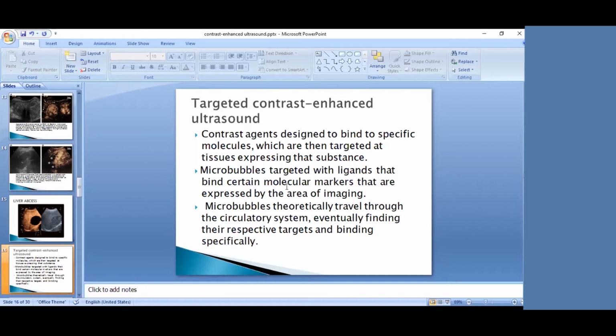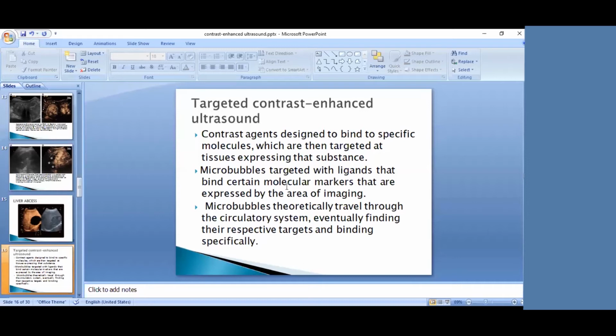We will inject the microbubble to go directly and attach to that protein. Okay, not staying in the circulation. No, it will go specifically to attach to that protein. Okay, so it is targeted, meaning we design this microbubble to go and bind to a specific molecule. Microbubbles are targeted with ligands that bind certain molecular markers that are expressed by the area of imaging.